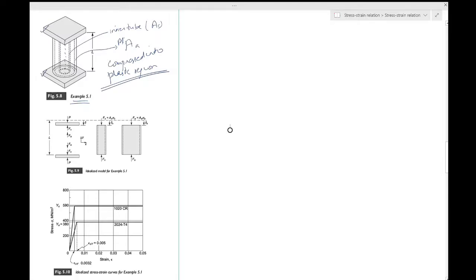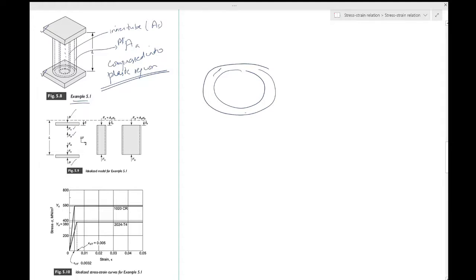On the top plate you are applying a force P, and the same force would automatically get applied at the bottom, compression. Because you are compressing, the steel will apply this force on the plates in this direction, both the aluminum and the steel, and you are assuming a symmetrical case.